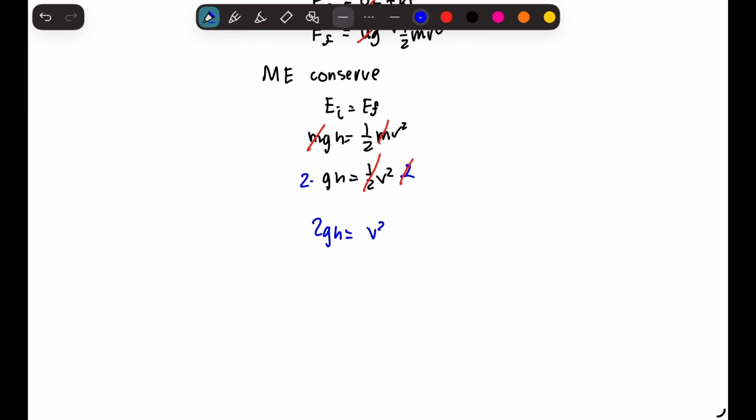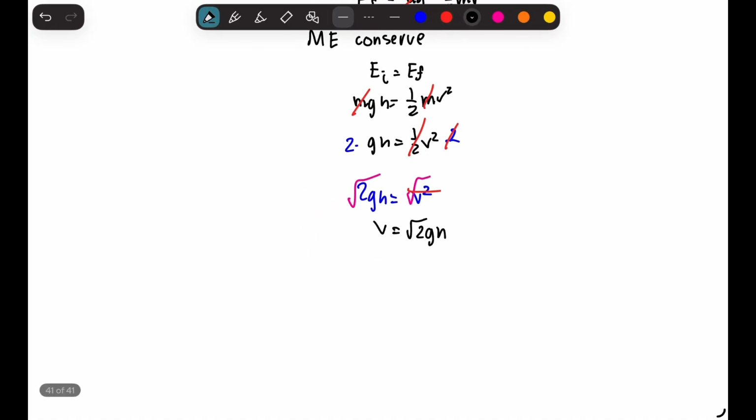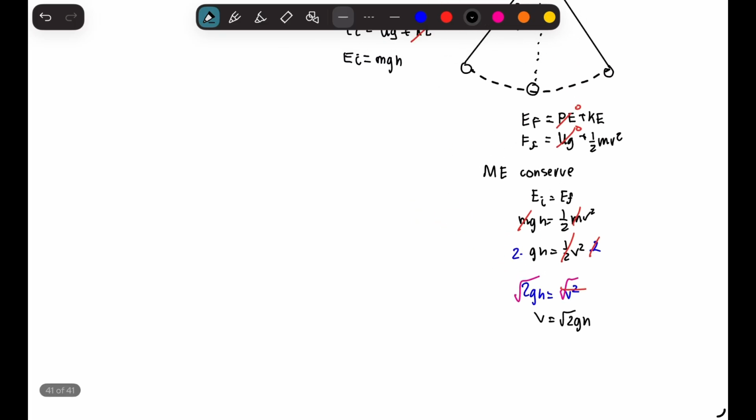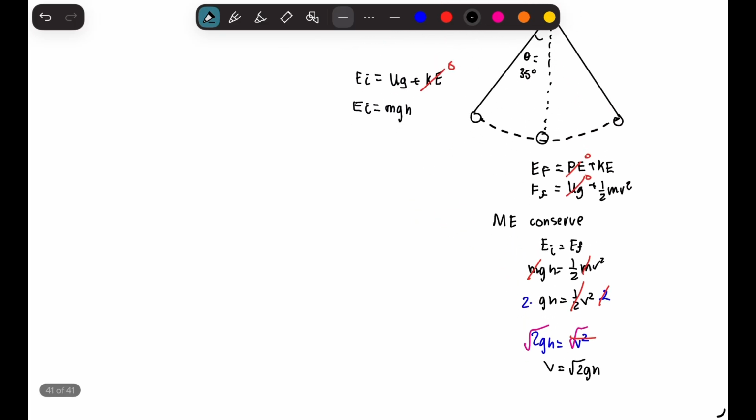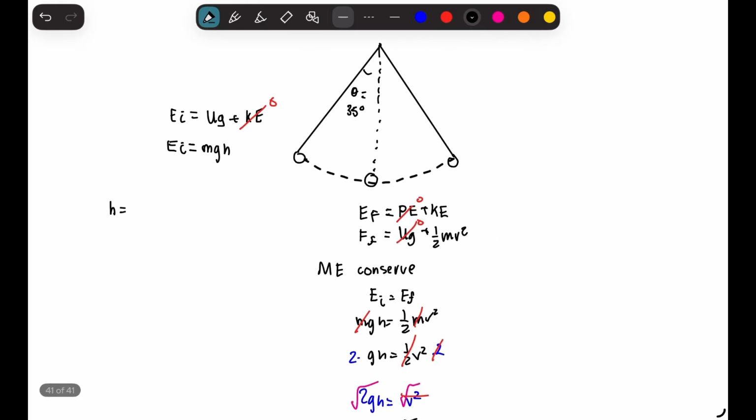So now you have this. So you can just take the root of both sides, and then that cancels out. And then v is equal to the root of 2gh. So after this, we can find h, the height that is dropped, by using h is equal to L times 1 minus cosine theta.